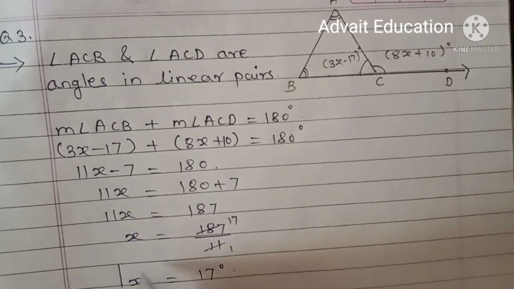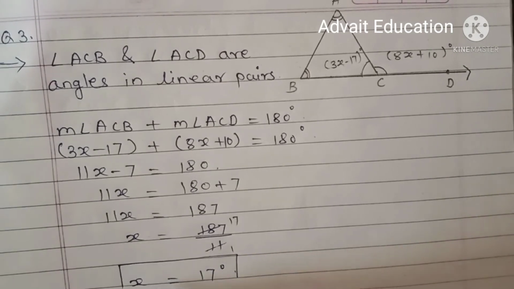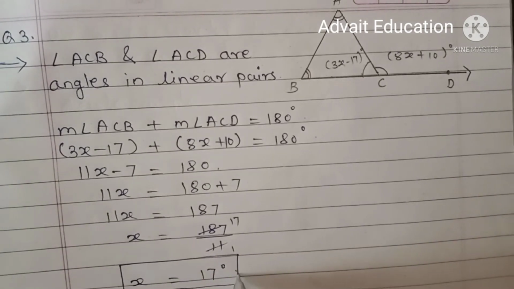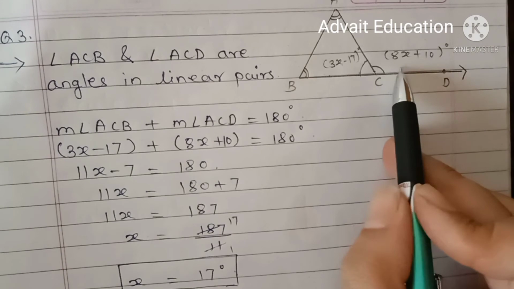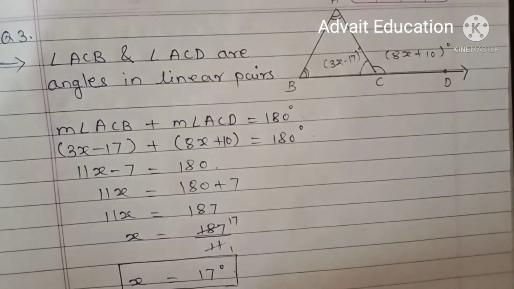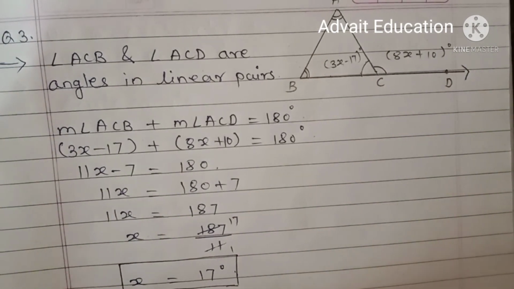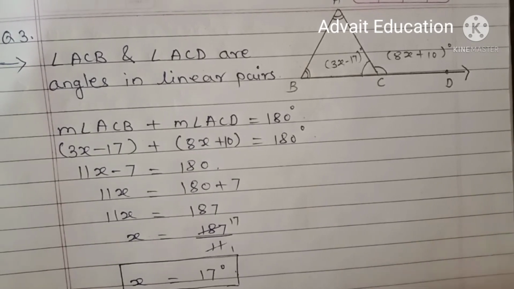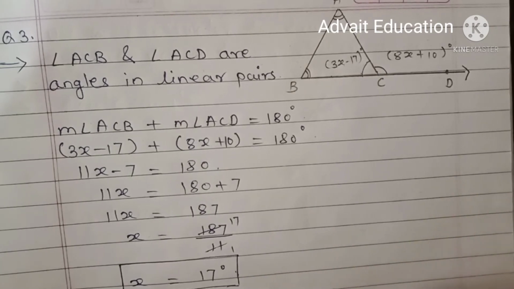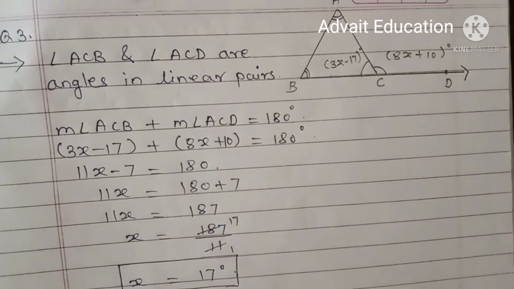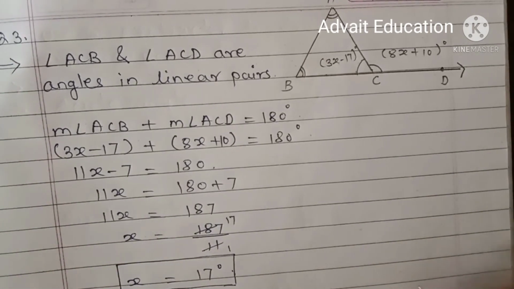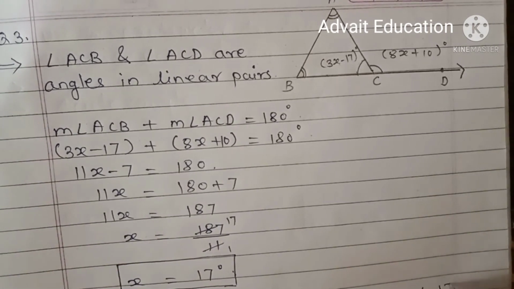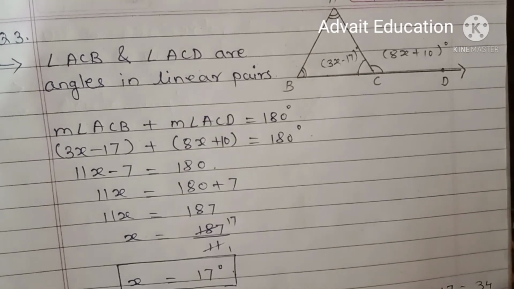The value of x is equal to 17 degree. Now you have to put this value in these two equations. Means measure angle ACB is equal to 3x minus 17. 3, value of x is 17, minus 17. 3 17s are 51 minus 17 is equal to 34 degree.